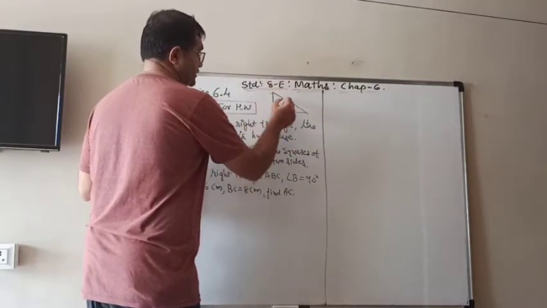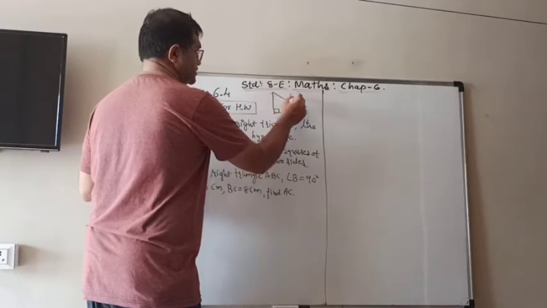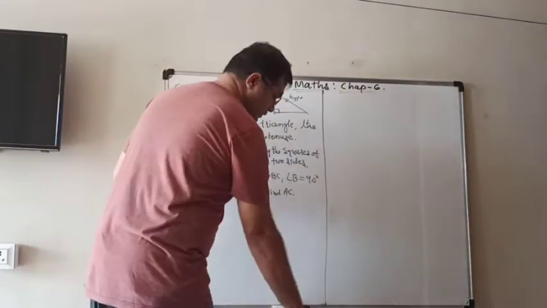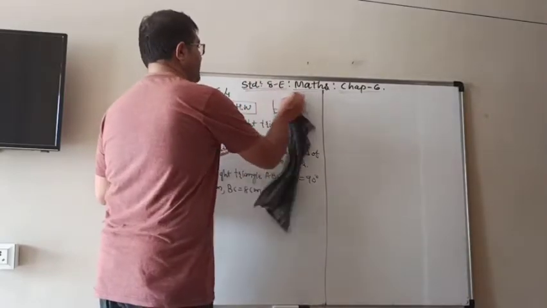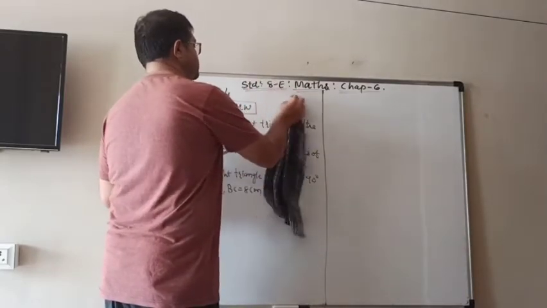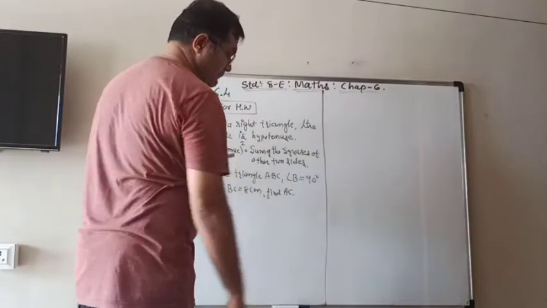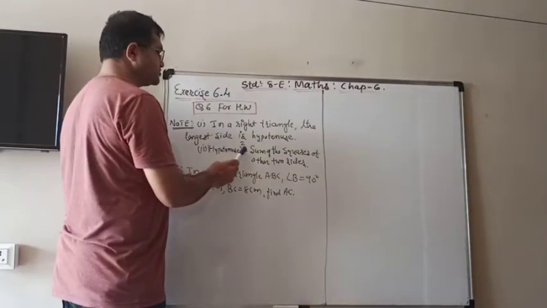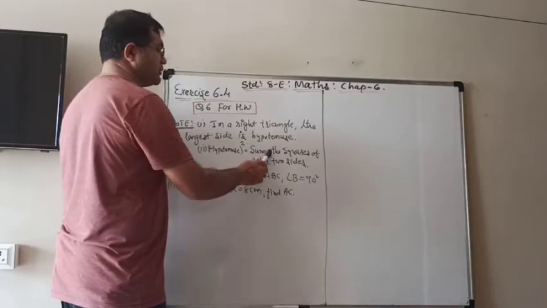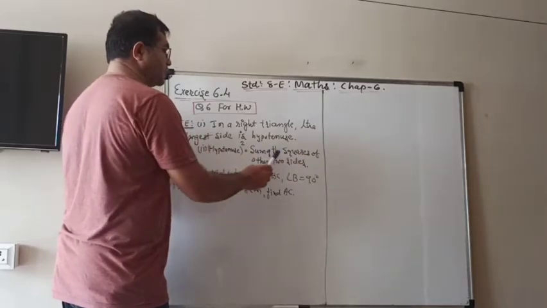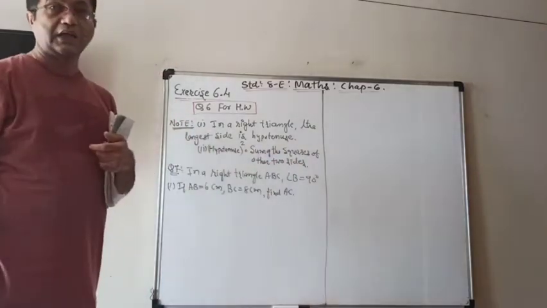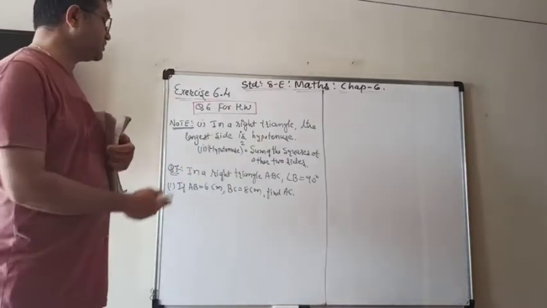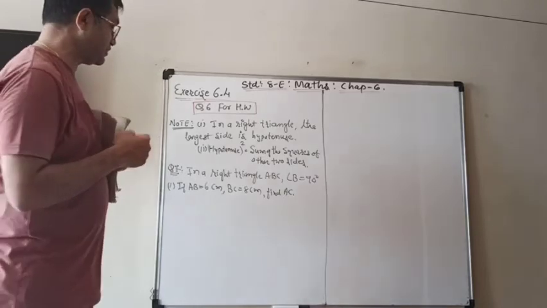So the side opposite to that is known as the hypotenuse. And the second thing is the statement of the Pythagoras theorem. It says that hypotenuse square is equal to the sum of the squares of the other two sides. And we have to use that result in this question number 7.